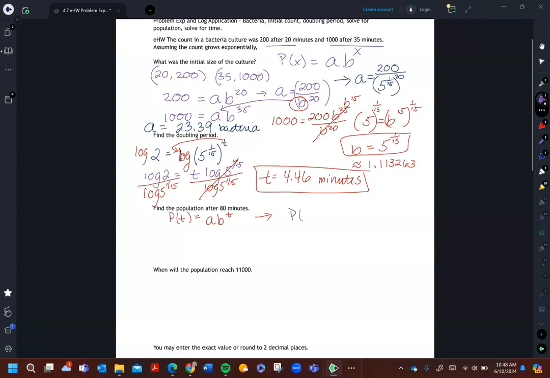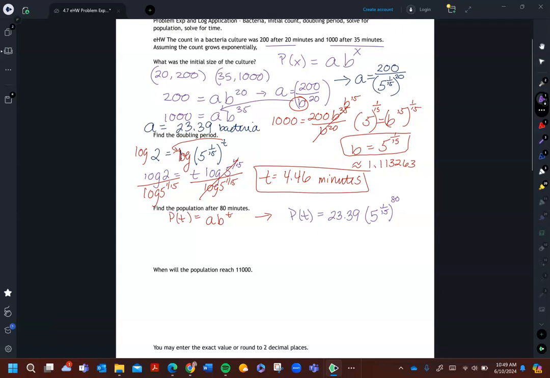We don't know our end amount, but we know our initial from part A up here, A is 23.39. Then I have my B, 5 to the 1/15th, and my time in this case is 80.